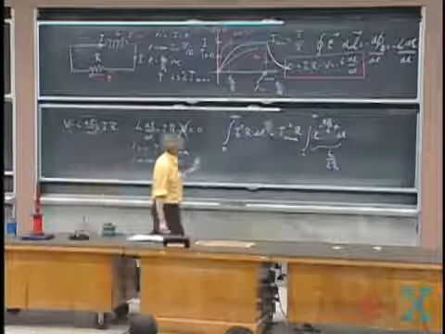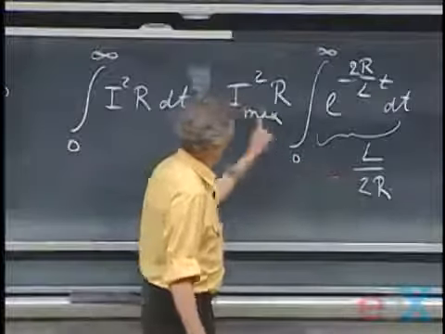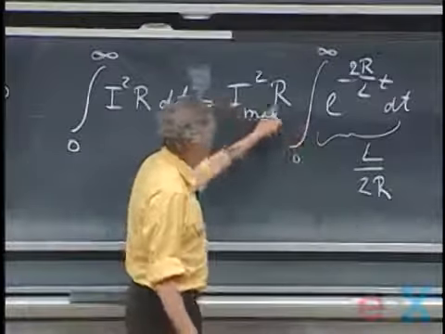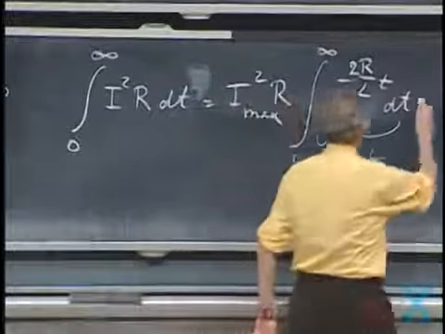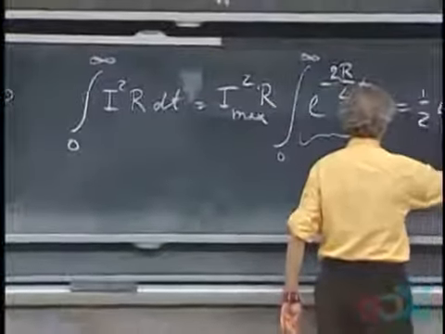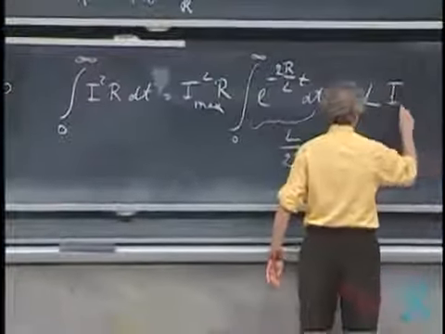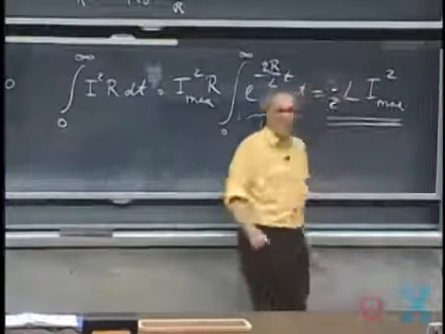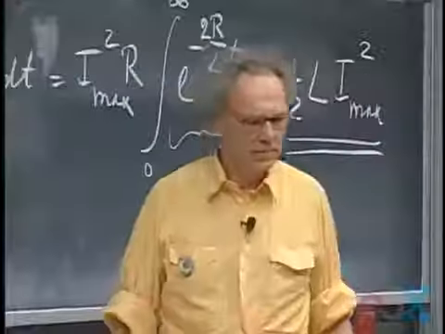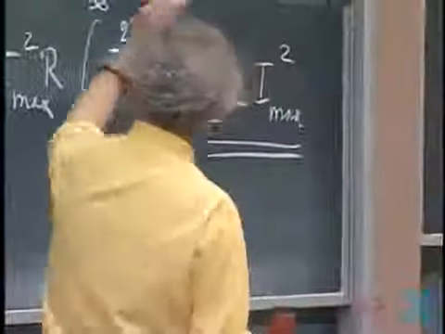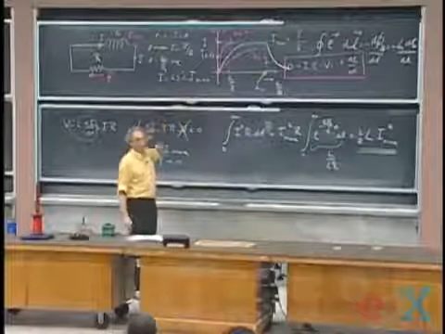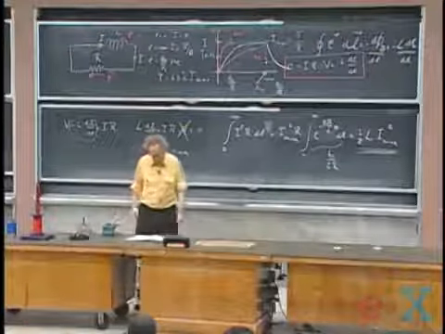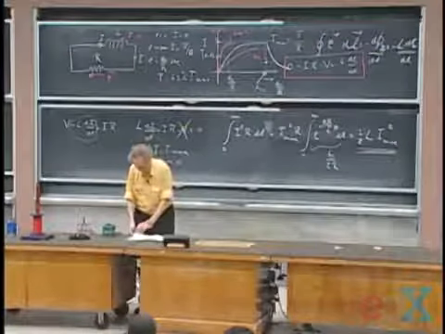And so if now I look at the product of I square maximum R times L divided by 2R, I get 1/2 L times I maximum squared. So this comes out in the form of heat. And I max is then the maximum current that we had when the current was flowing after a long time.